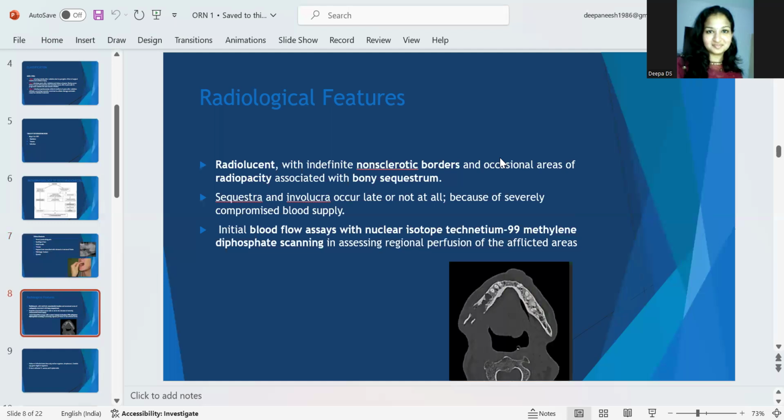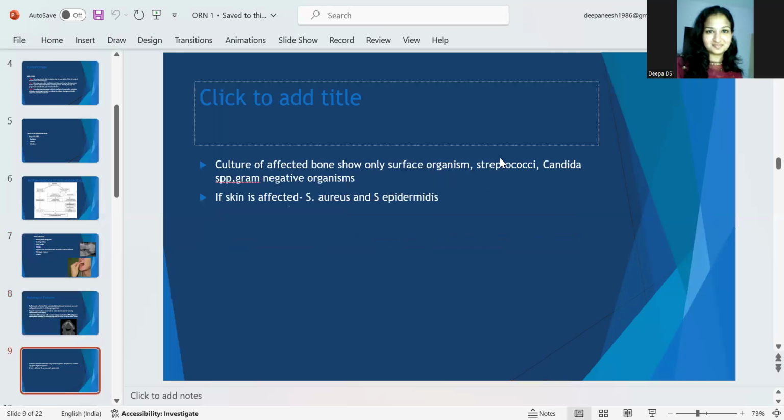Then, for investigation, blood flow assay with nuclear isotope technetium-99 and methylene diphosphonate scanning is used to assess the regional perfusion of afflicted areas. We can also do culture of affected bone, which shows only surface organisms, Streptococcus, Candida, and gram-negative organisms.